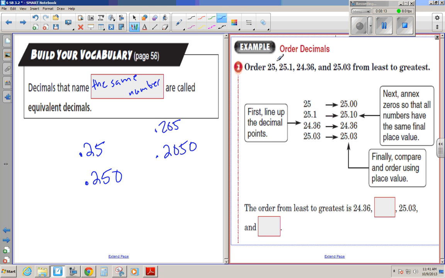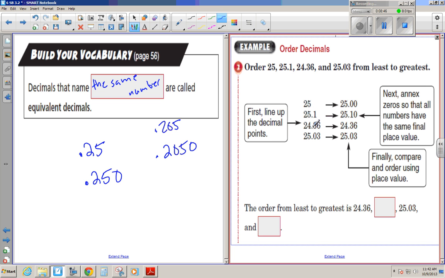All right, so ordering decimals. We're going to order 25, 25.1, and the others from least to greatest. When we were doing least to greatest for median, the numbers were probably pretty nice. There were no decimals. Now we're dealing with decimals. So what we do first is line up the decimal points. We lined up all the decimal points, and here's 25, 25.1, and so on.